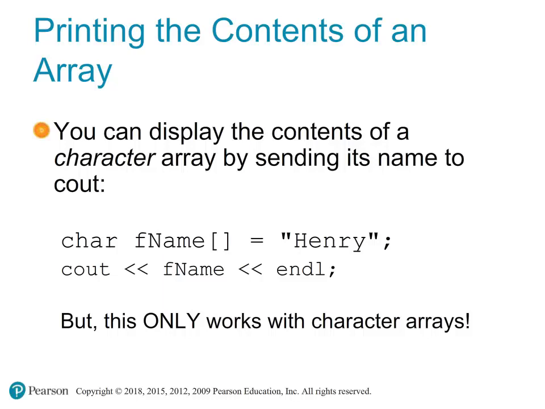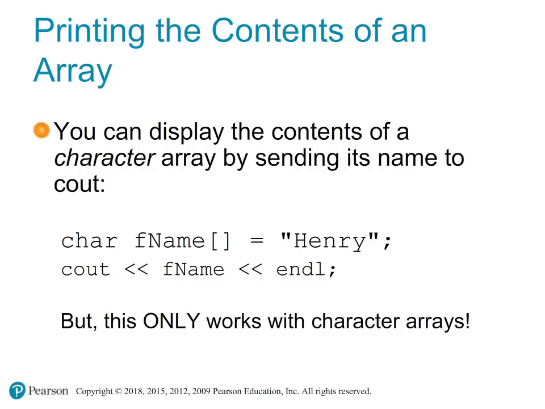The cout object recognizes a character array as a null-terminated string, and it goes on to display each character until it reaches the null character, which is \0. This is automatically appended to character arrays initialized with string literals.